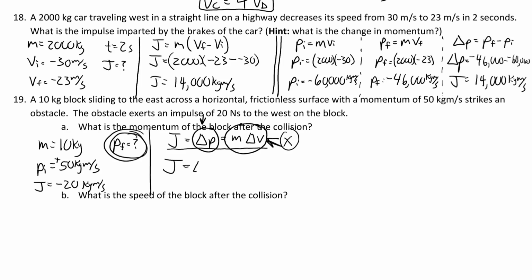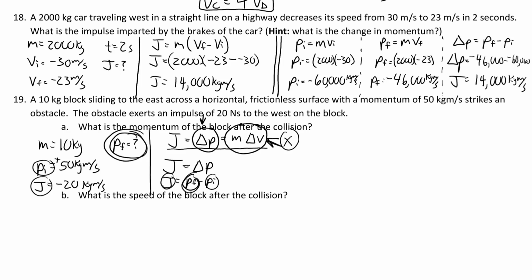So we're going to use delta P just like that. So the impulse is equal to the change in the momentum. So that means that the impulse is equal to the final momentum minus the initial momentum. And as you could see, we have the J, we have PI, and we're looking for PF. So this is a good equation to use.